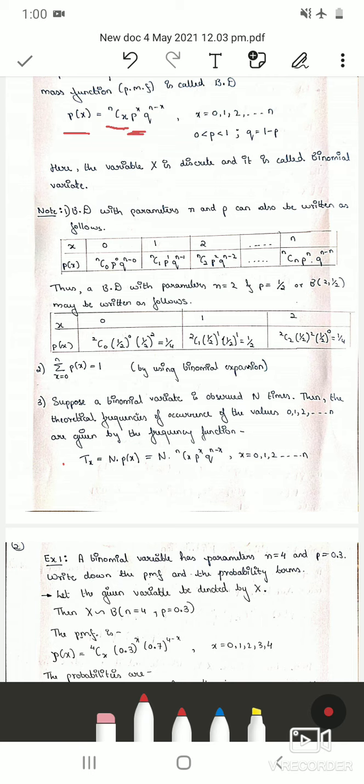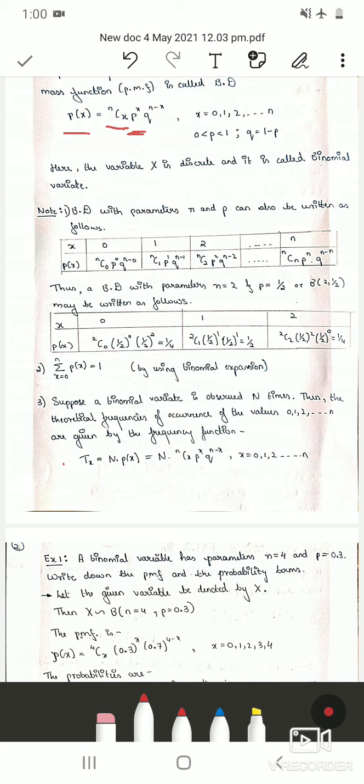And please note here it is p raised to x, not p into x. I have seen many of you write it as p into x. It is in power, that is p raised to. Don't write it beside p, write it above p. And similarly q is q raised to n minus x.